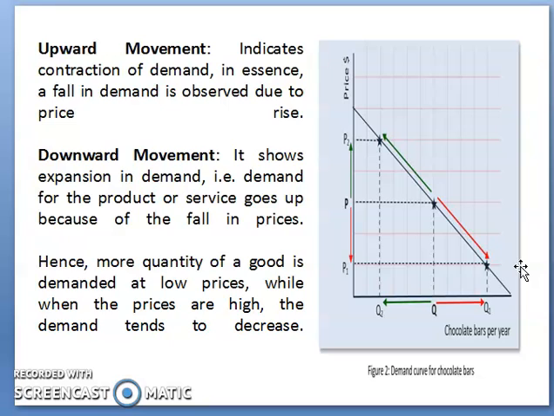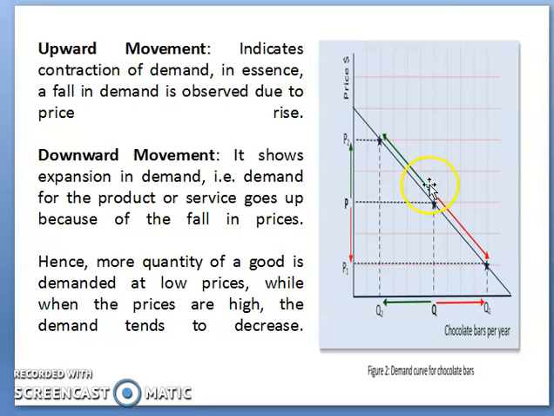Upward movement indicates the contraction of demand, which means a fall in demand is observed due to the rise in the price. Rise in the price, fall in quantity demanded. That is why it is an upward movement, and we call it contraction of demand.